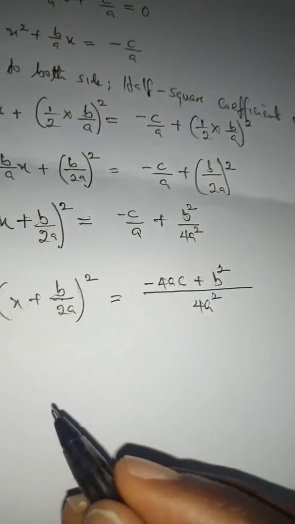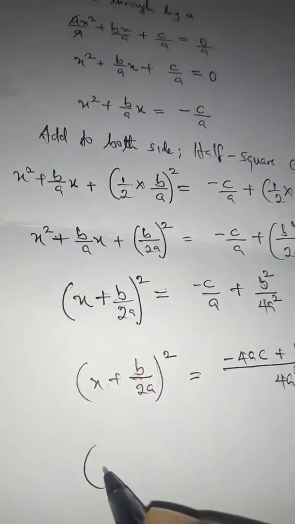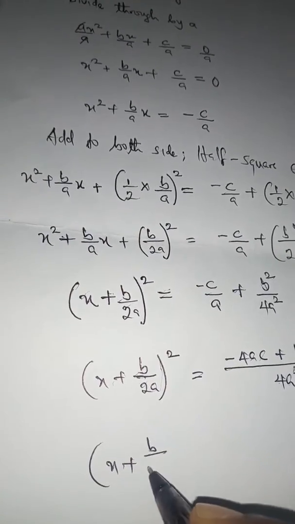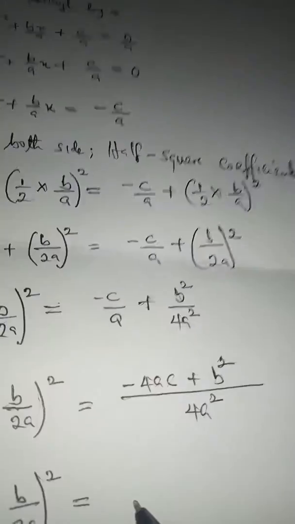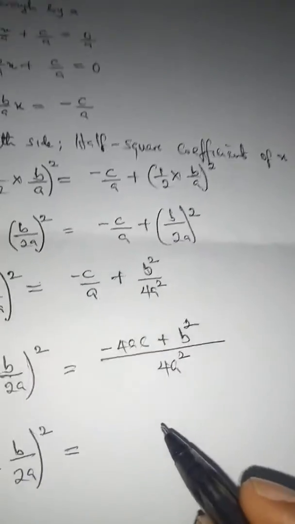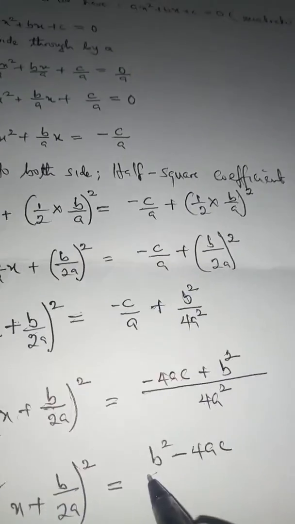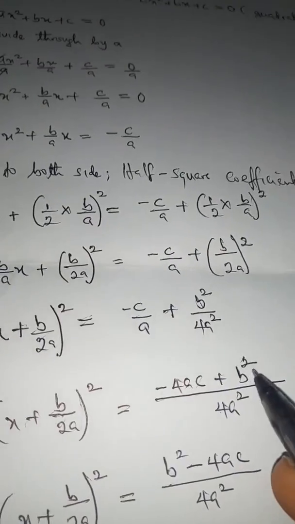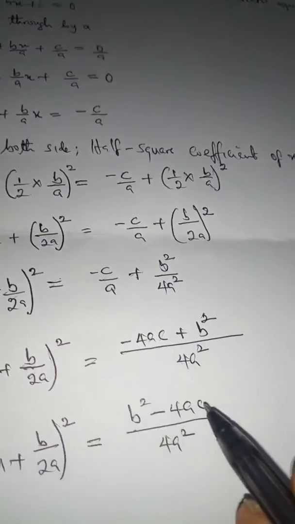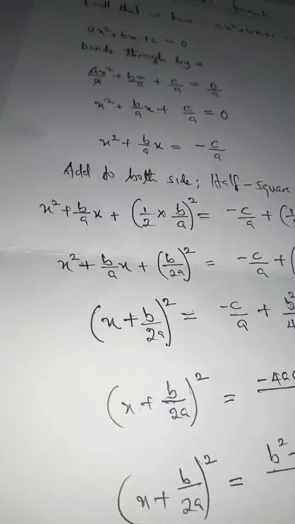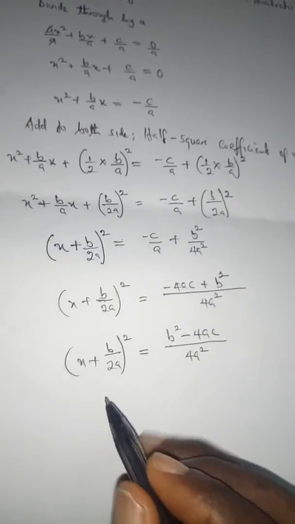So from here we can now have x plus b over 2a squared equals b squared minus 4ac. So I try to rearrange this. I take the positive to this side and the negative to this side. Now I can try to find the square root of both sides.